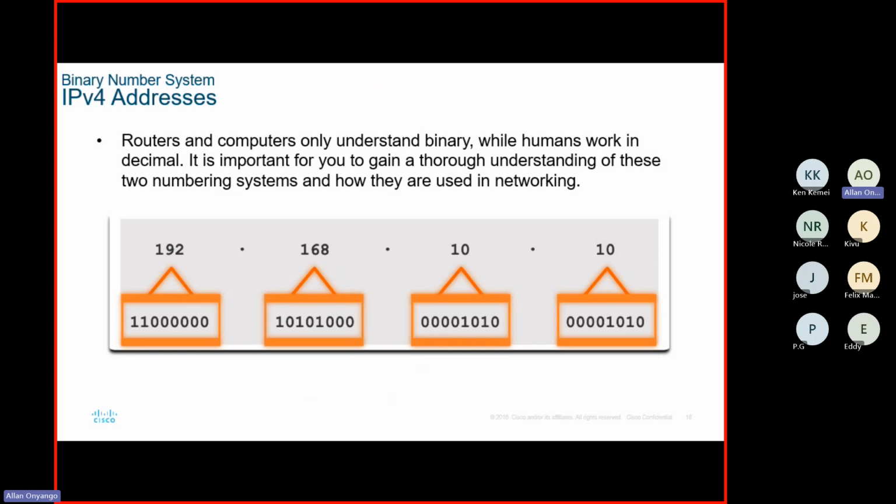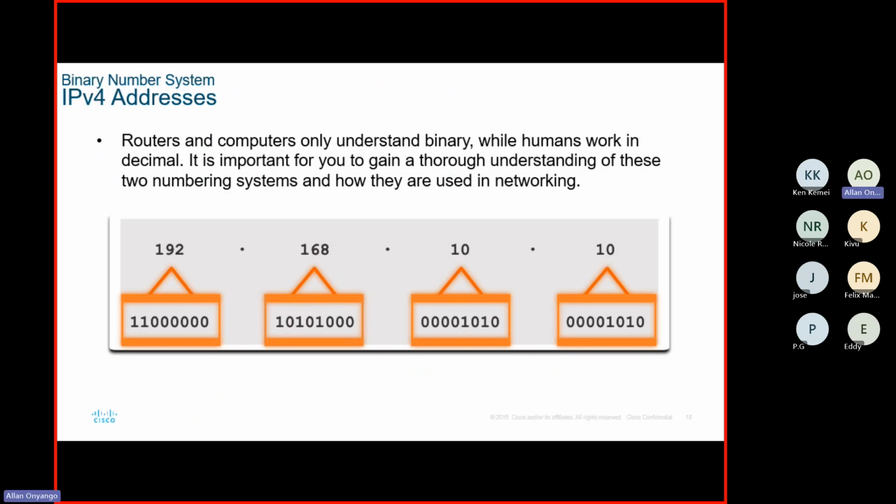So it's important for us to gain a thorough understanding of these two numbering systems and how they're used in networking, because that is networking. If you ever go through a networking class and someone never taught you binary and decimal, that is not networking. We see 192.168.10.10, and the machine sees the binary that you see down there.